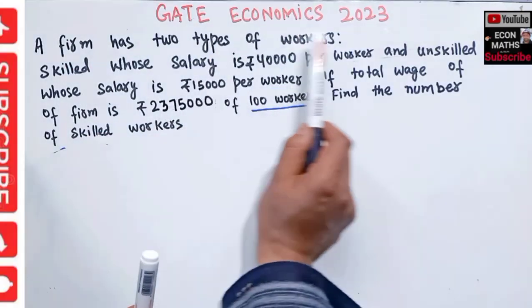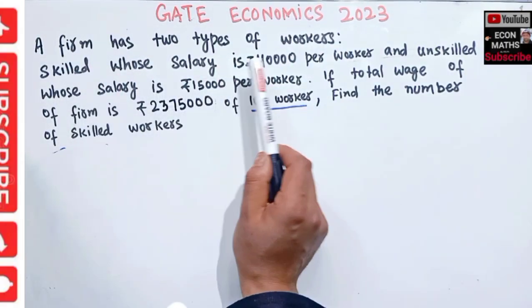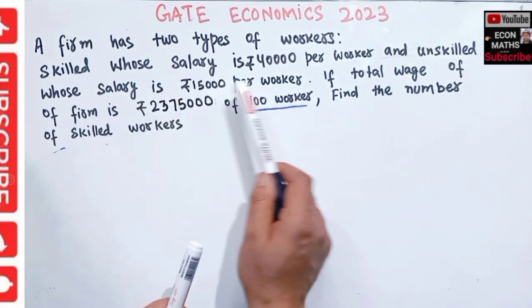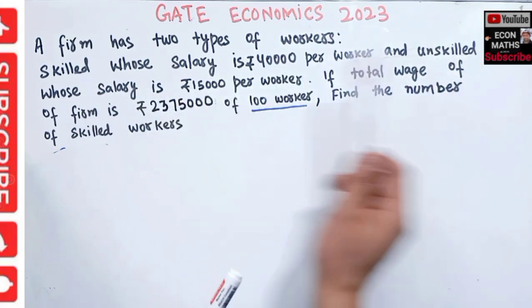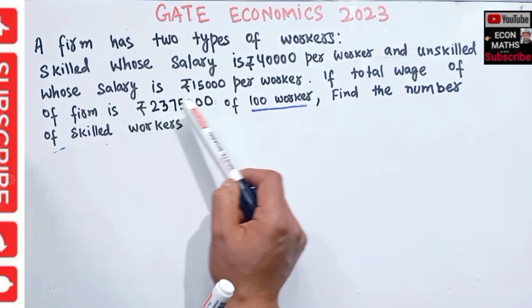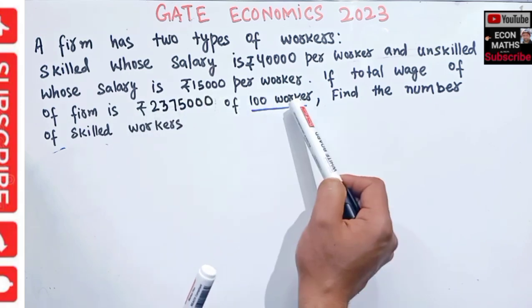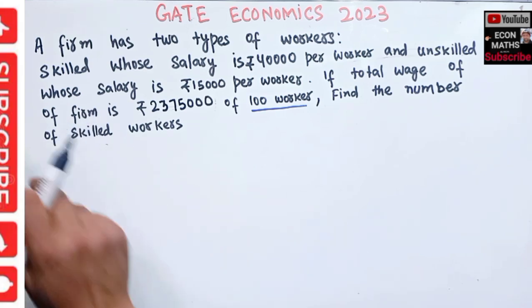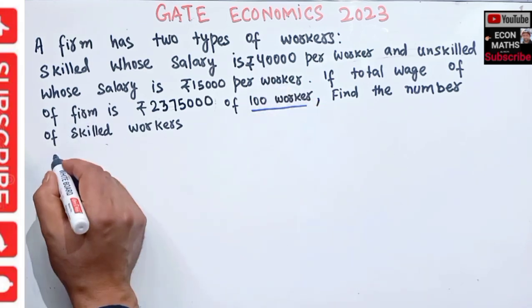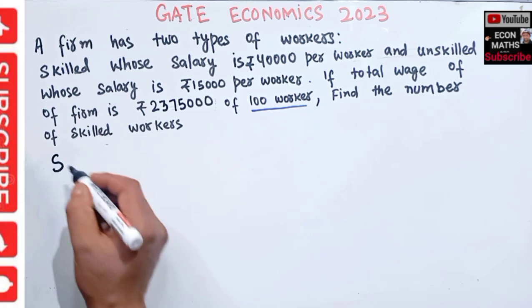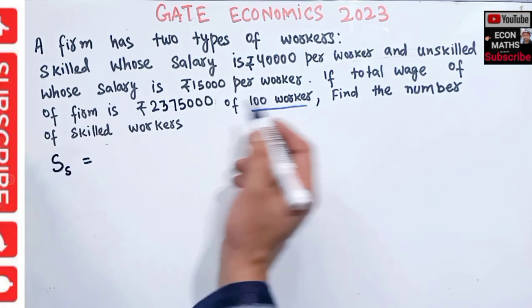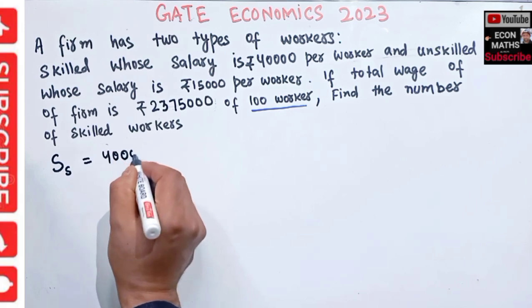A firm has two types of workers: skilled, whose salary is 40,000 rupees per worker, and unskilled, whose salary is 15,000 per worker. If the total wage of the firm is 23,75,000 rupees for 100 workers, find the number of skilled workers. So we are being given the salary of skilled workers as 40,000.